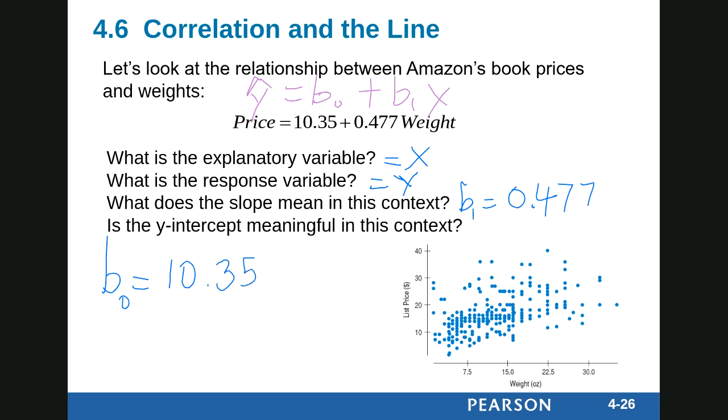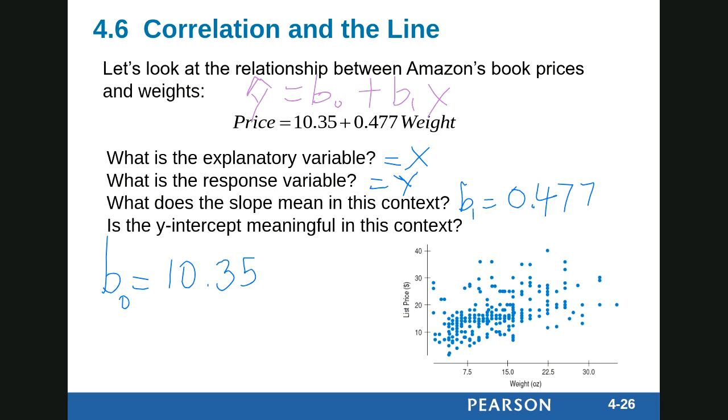Now the interpretation for the y-intercept: when x is equal to 0, this is the value of y. So when the weight of the book is 0 ounces, the price of the book is $10.35. Now, is this meaningful?